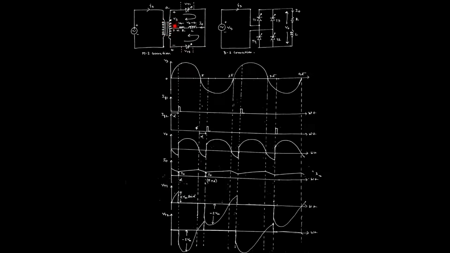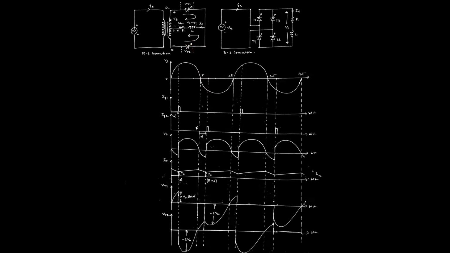So for the upper half it will be negative, and for the lower half it will be positive. Once it is positive, current tries to flow from this direction. That means the thyristor T1 is in reverse biasing condition, which was in forward biasing condition in the first case. And in this case, the lower thyristor, that is T2, will be in forward biasing condition.